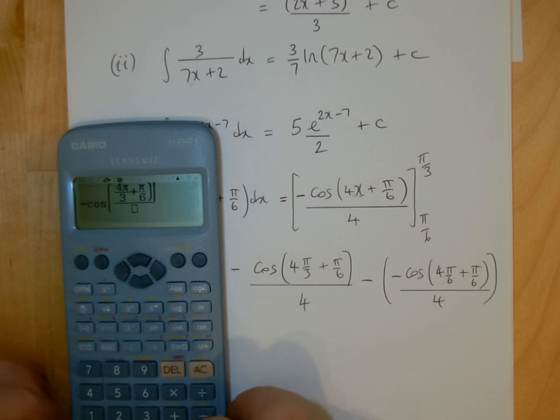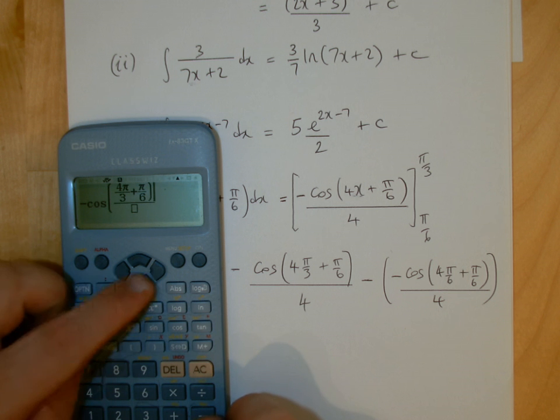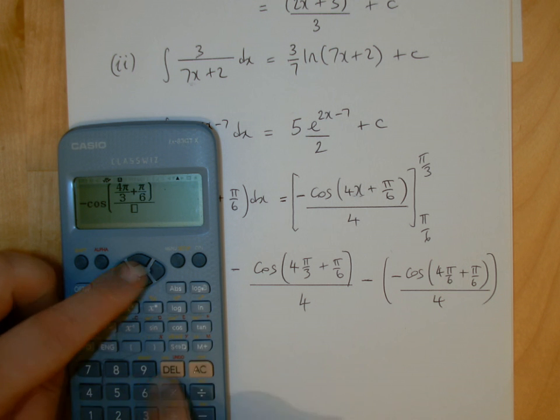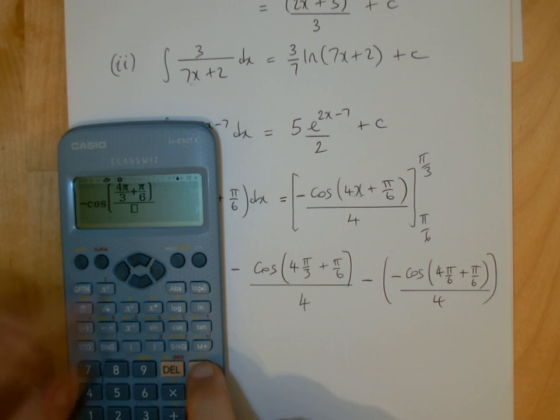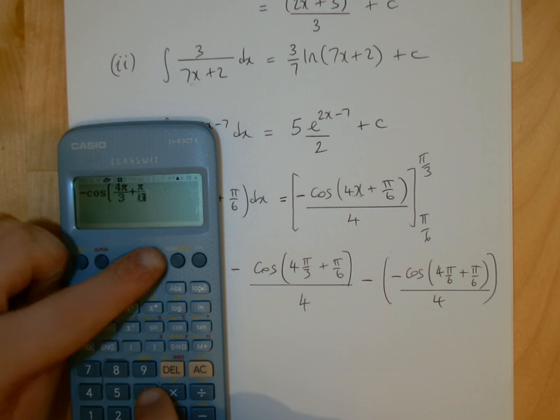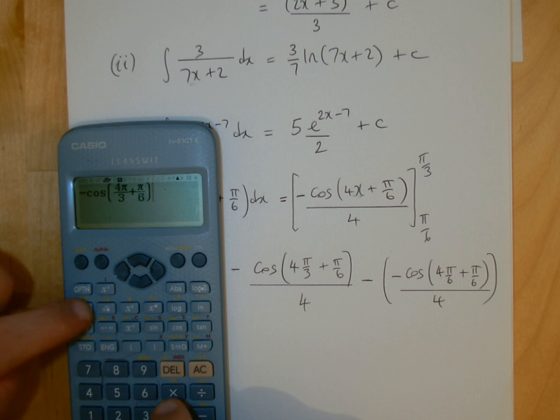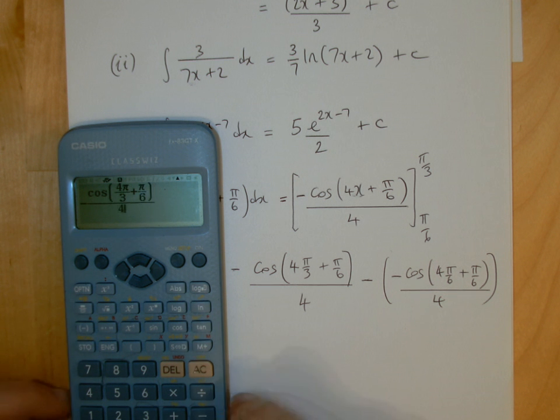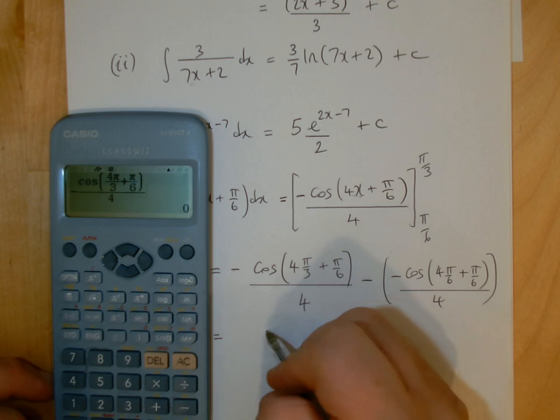No, I haven't done this right, have I? Let's have a look. Start again. That's better, isn't it? So I need to divide the whole thing by 4, don't I? That looks right now, doesn't it? So if I press equals there, it just comes out to be 0.